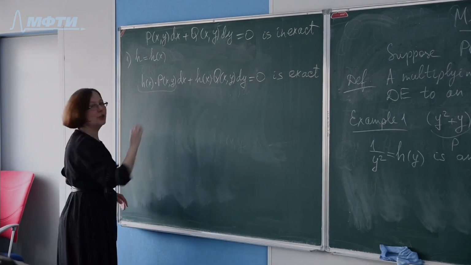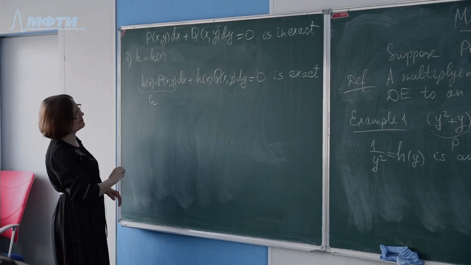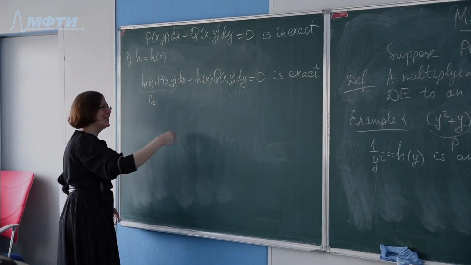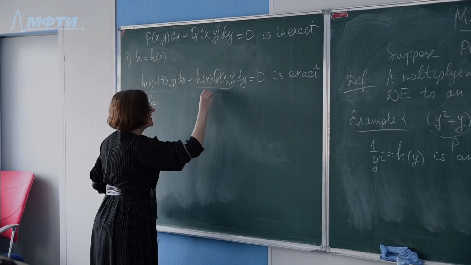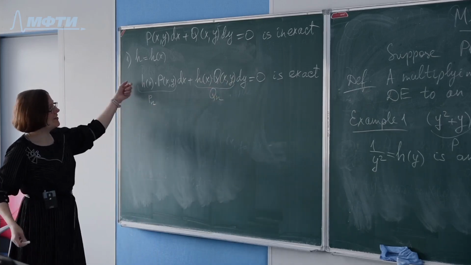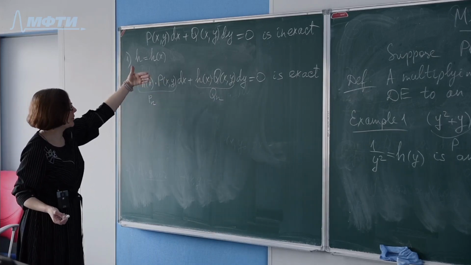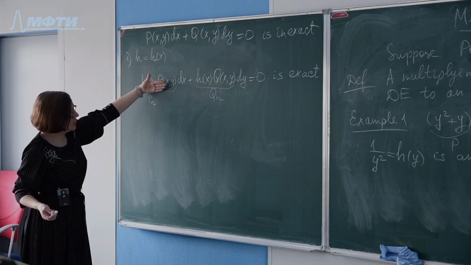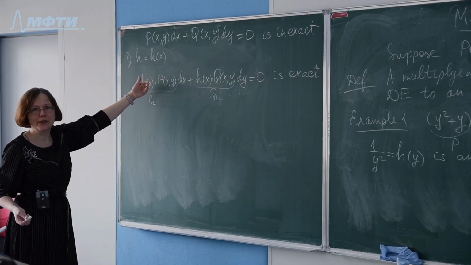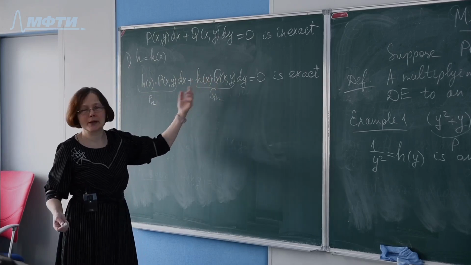These are new functions. This is P new, let it be P_n, new function P, and this is new function Q. If this differential equation is exact, then the partial derivative of this new coefficient with respect to y must be the same as the partial derivative of this coefficient with respect to x.